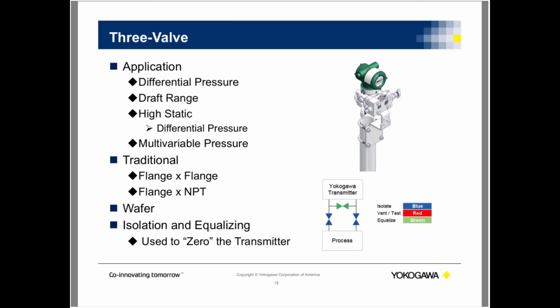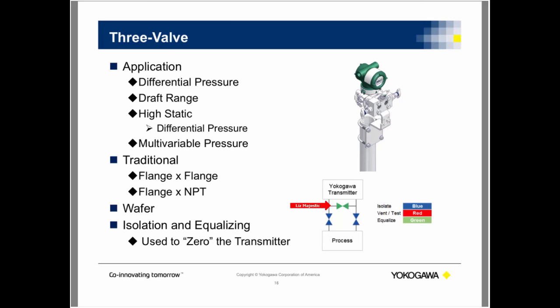It allows the transmitter to be pressurized with line or vessel pressure before differential pressure is applied for flow measurement. Now, to check the zero, it's going to be a little bit different. You're going to close the downstream valve, open the equalizer valve, which is this green one. So your transmitter's here, and it's made it to your manifold.